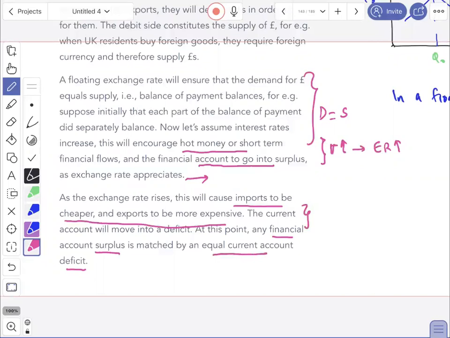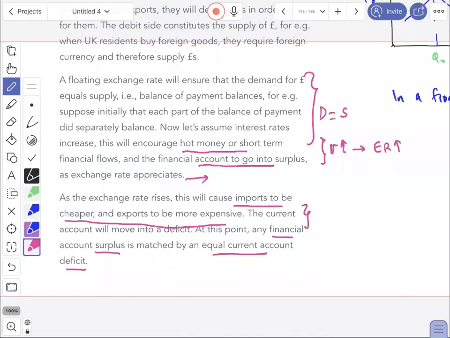So that's the argument that we raise, that in a free floating exchange rate, the BOP automatically balances without much intervention. The reason is very simple: any inflow causes the exchange rate to appreciate, which can lead to an outflow elsewhere.